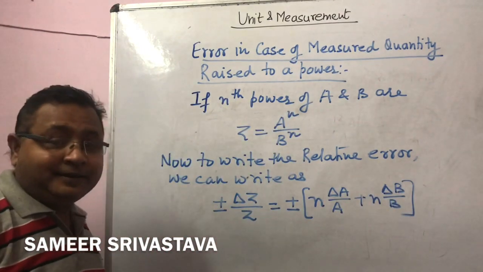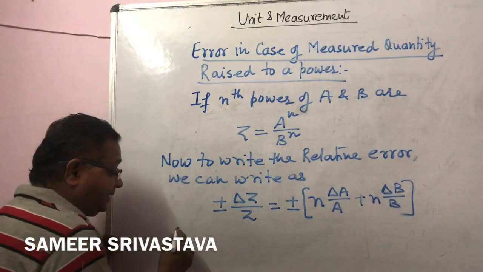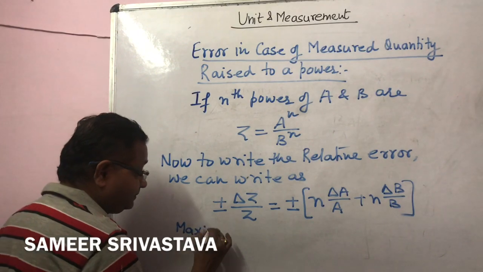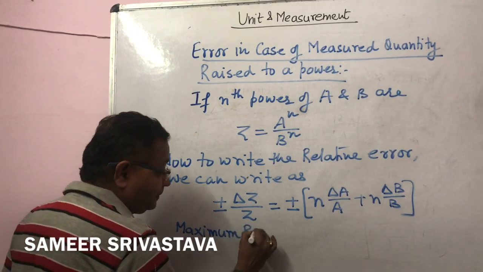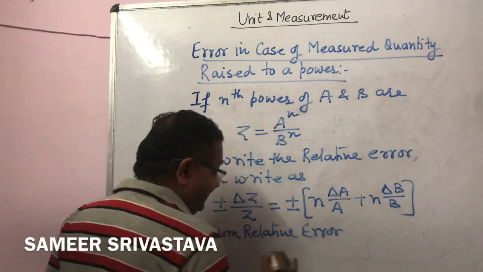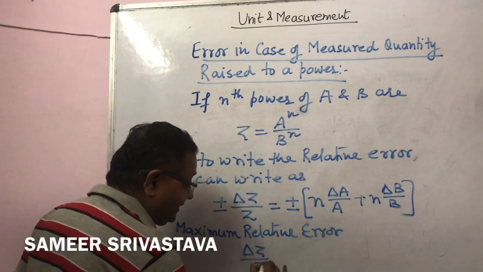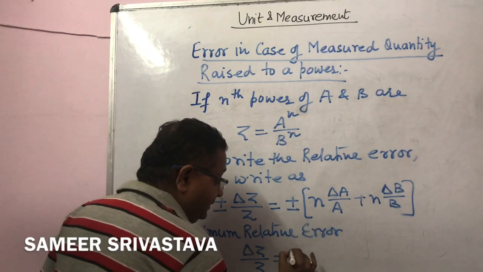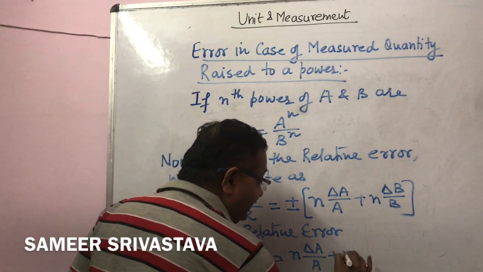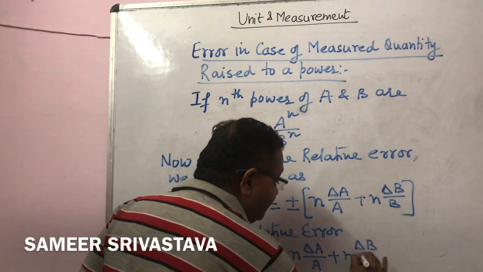Okay, right? Now, for the maximum relative error, we can write delta z upon z is equal to n delta a upon a plus n delta b upon b.